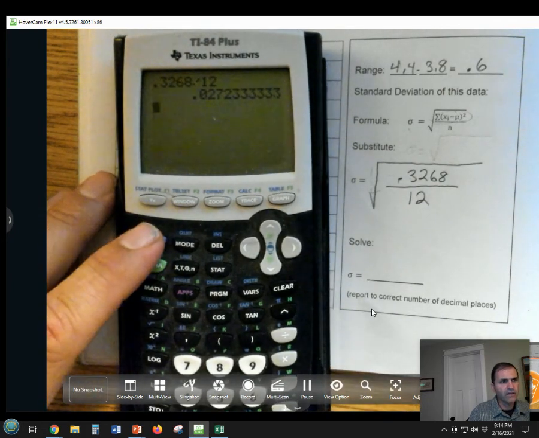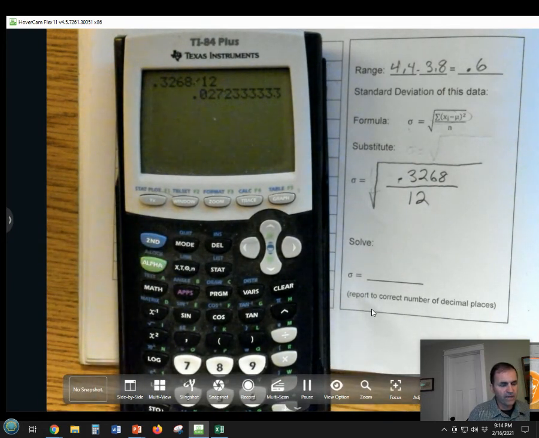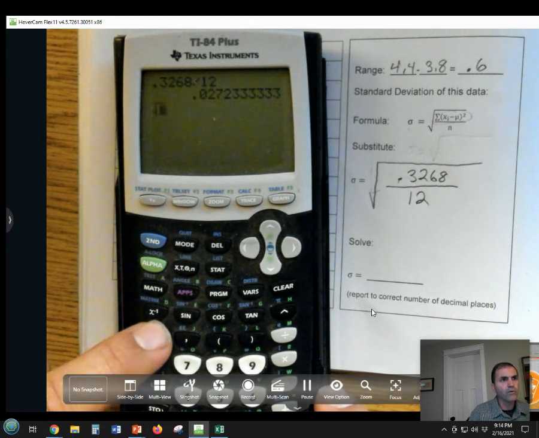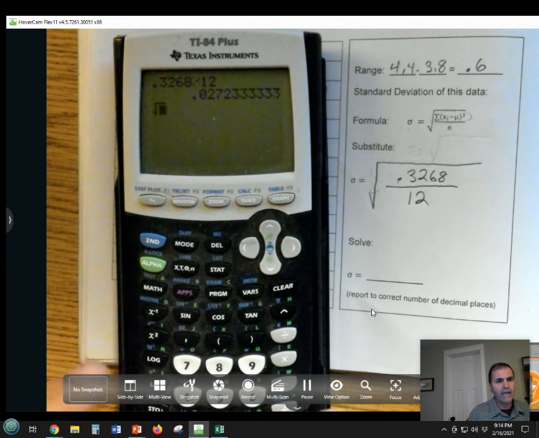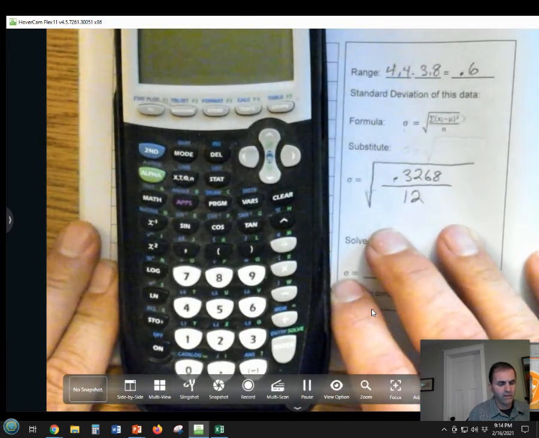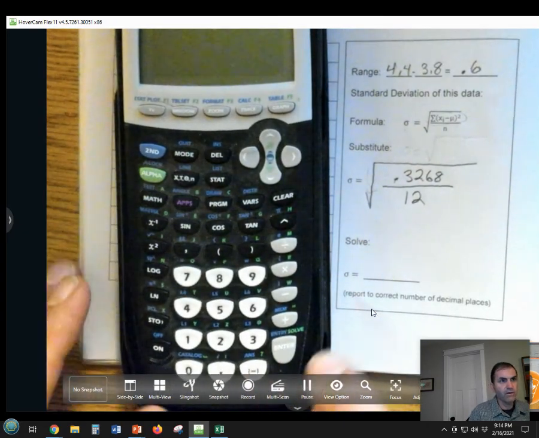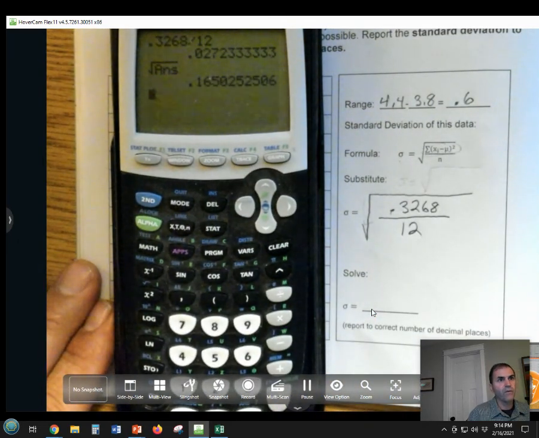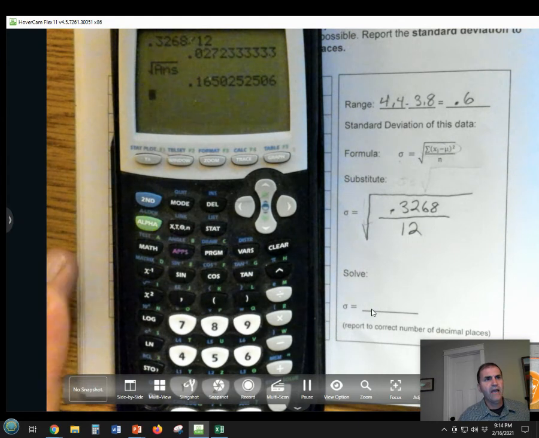Somehow, every calculator is different. So for me, it's the function, and I'm going to push square root here of my answer, which is again here. Different calculators will do this a different way. You might have to plug this in.